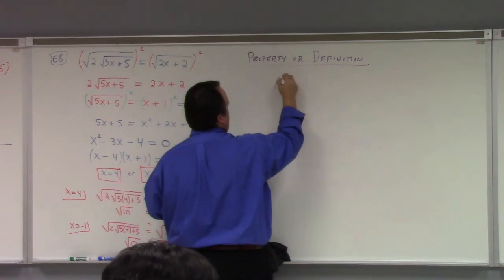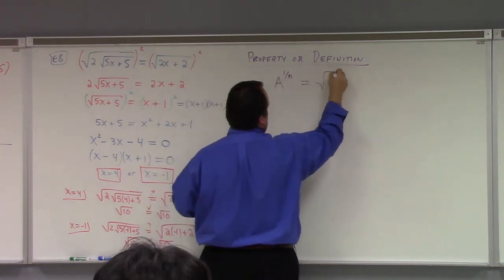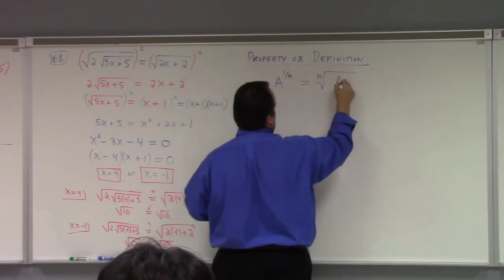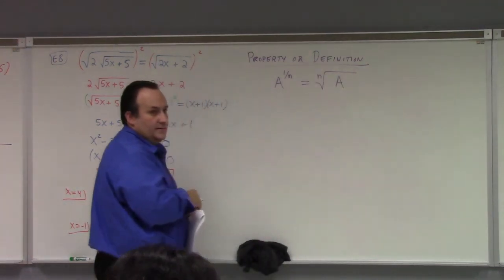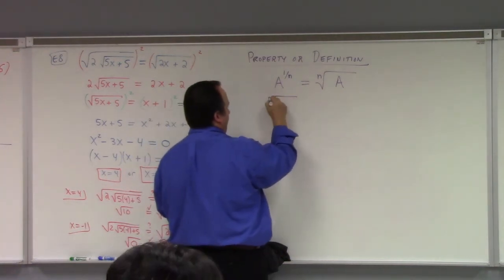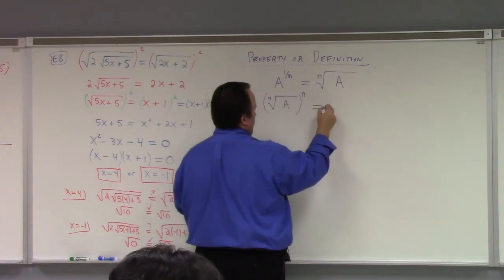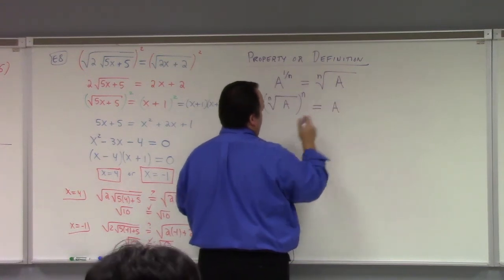a to the 1 over n is equal to the nth root of a, right? And fun fact, if we take the nth root of a and we raise it to the n power, we get a back again, right?